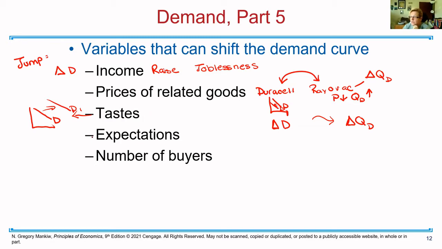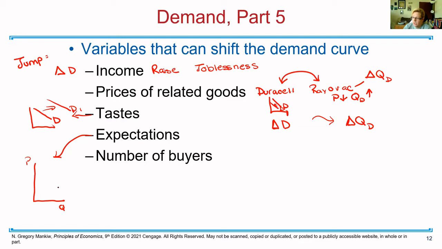Expectations is another one. How many of us expected to have to wear masks? Those kinds of things. This happens a lot in the marketplace in terms of expectations. One of the things we see is hoarding right now, right? So here's quantity and here's price.